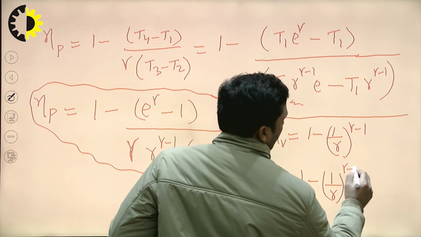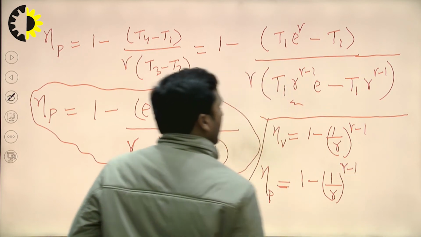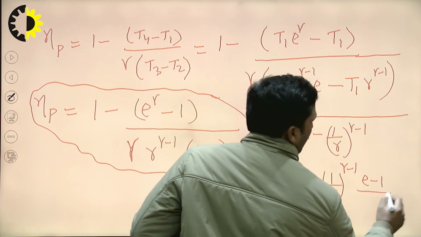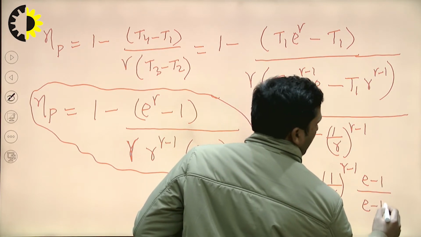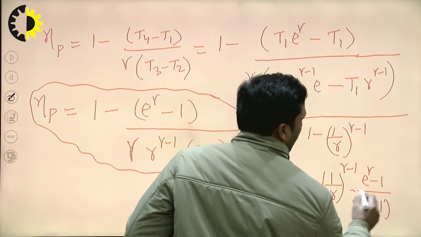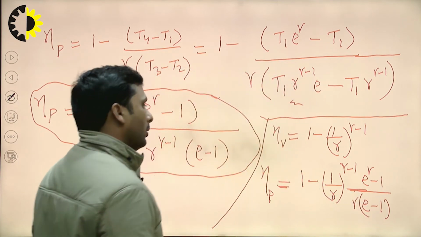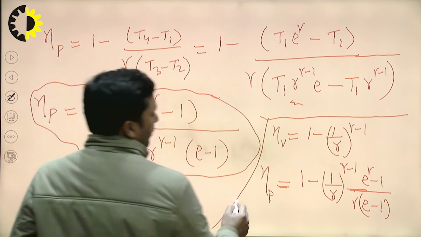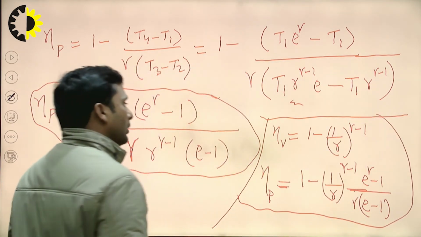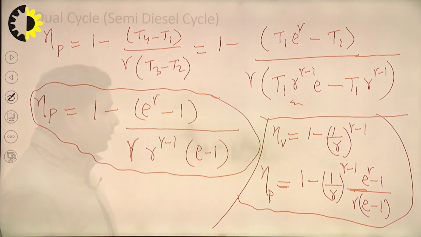This is the thermal efficiency of Otto cycle, into rho to the power gamma minus 1 upon rho minus 1, and we have to multiply gamma in this denominator. So by this method we can remember the thermal efficiency of the diesel cycle. So this is all about the thermal efficiency of Otto and diesel cycle.